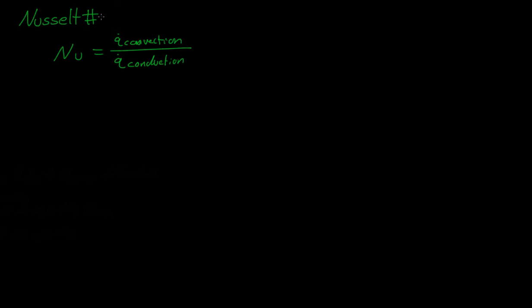And remember, Q convection is due to maybe fluid flowing past. Let's say you had a ball and it was some temperature, and you started flowing a fluid across the ball. And the fluid would be some temperature T1 and the ball is some temperature T2. And as the water flows past, it would pick up some of the heat and transfer it away from the ball. That's convection.